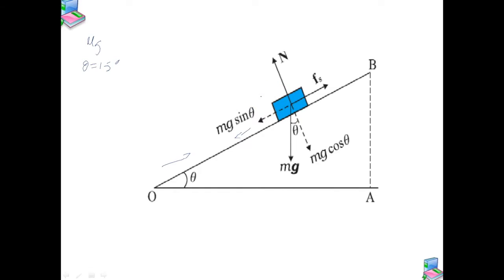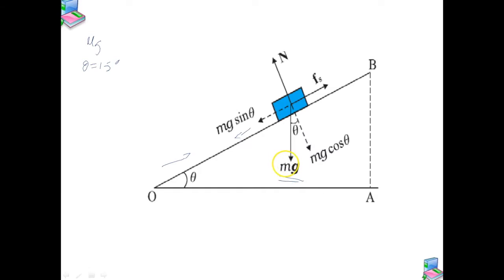The forces acting on a block of mass m. We should consider all the forces acting on this block of mass m, which is at rest on an inclined plane. The first force is the weight mg, acting vertically downwards, because the block is of 4 kg.